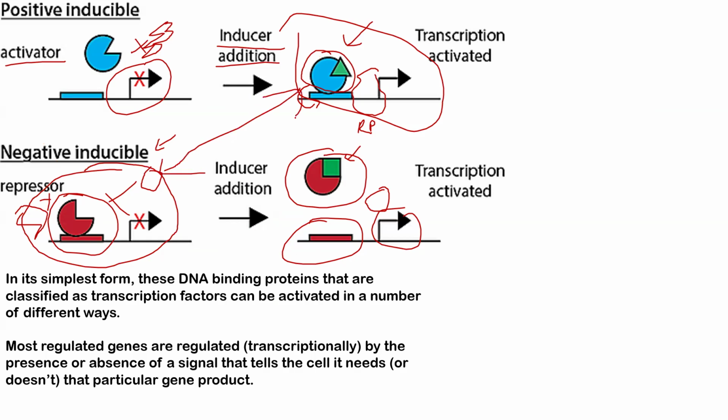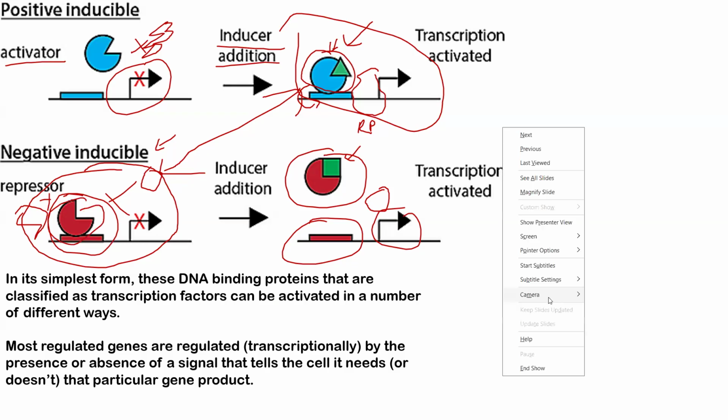The only difference is that instead of an inducer, it's a repressor. When we add in a signal that is repressible, it binds to the transcription factor and allows it to bind to the cis elements.